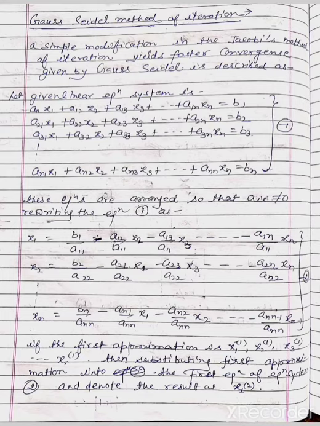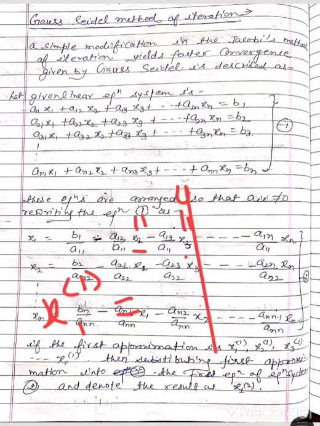If the first approximation is not known, then the way of finding it is this: first we compute the first approximation for x1 by substituting x2 equals 0, x3 equals 0 and so on, xn equals 0.